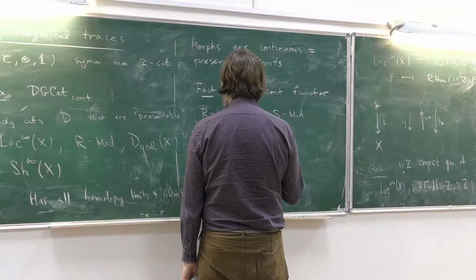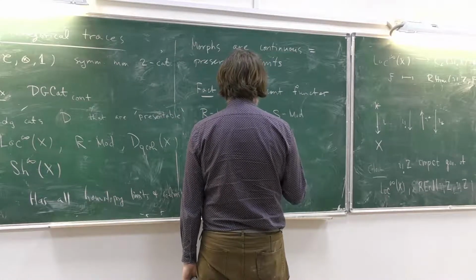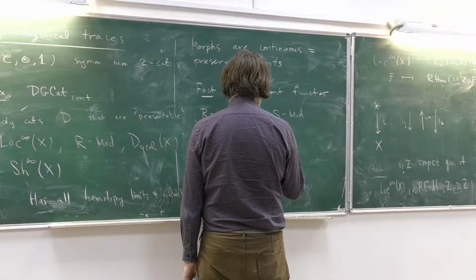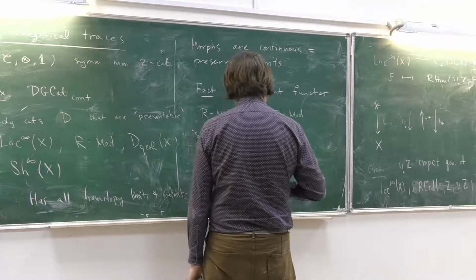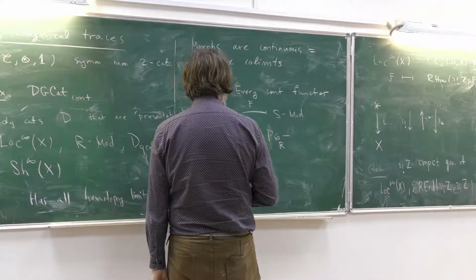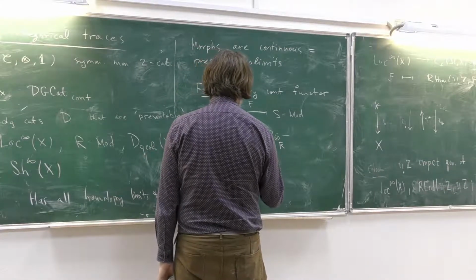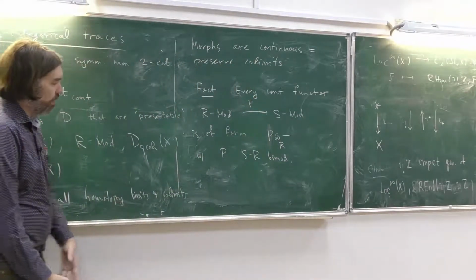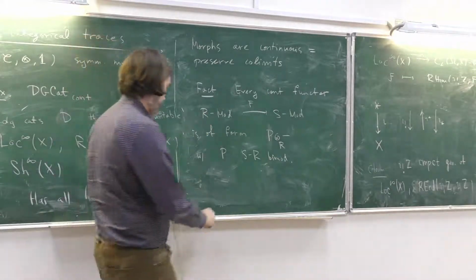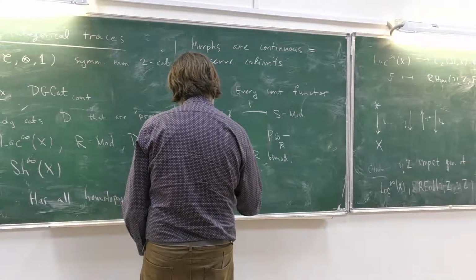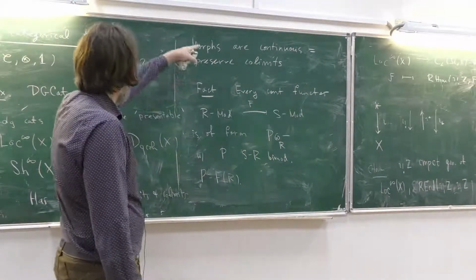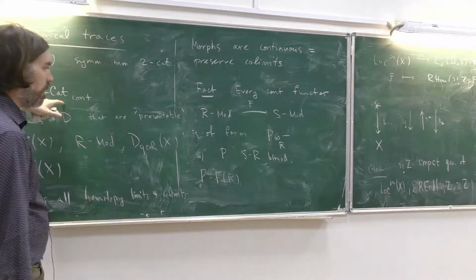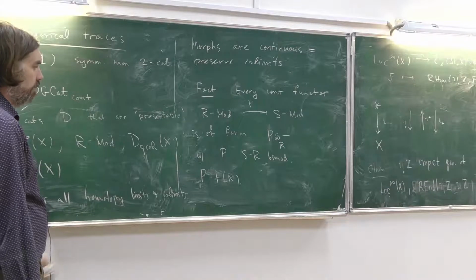So if these are left R modules, it's of this form with P an S-R bimodule. And this P is just the image F of R. So in this setting, the morphisms between this DG category and this DG category in this ambient thing of big DG categories, they're just bimodules.